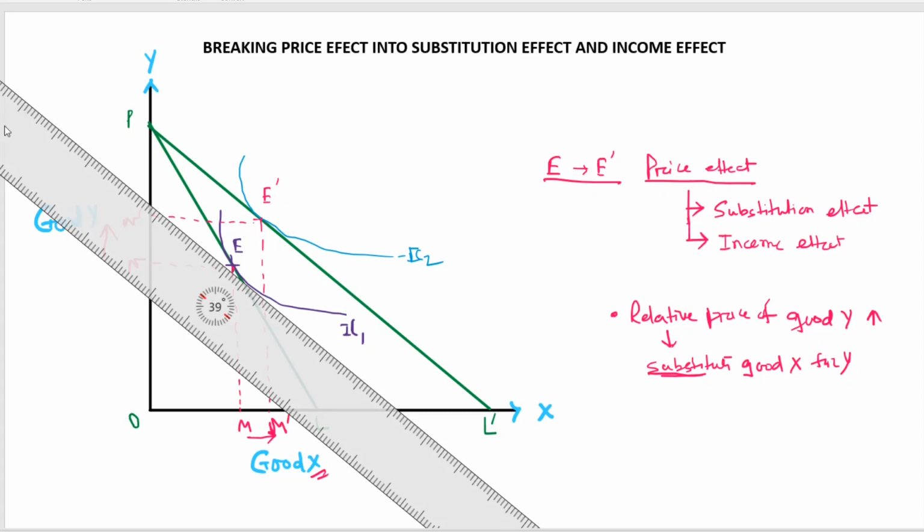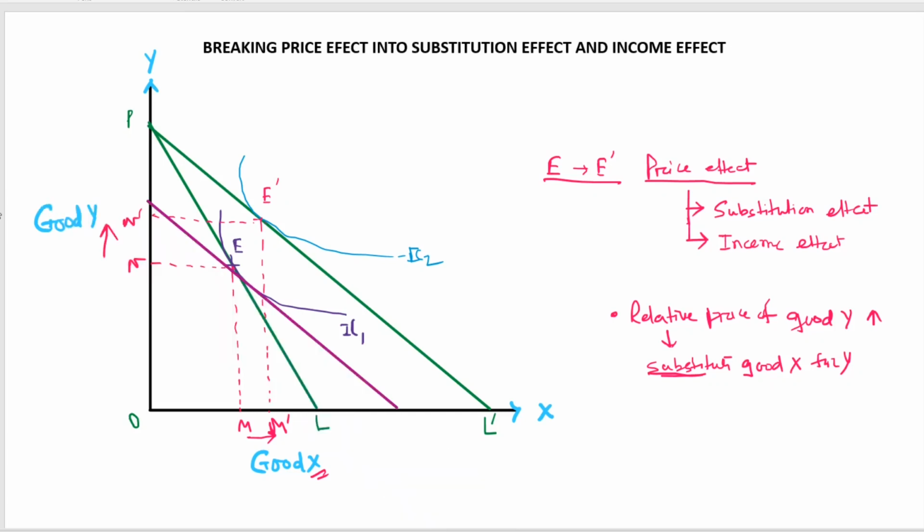So now let us draw that line. I'm running out of color actually, so let us draw with this pink. So you can see this is parallel to the budget line PL prime, and let us name it AB. This is a hypothetical budget line, so that the consumer remains at indifference curve 1, and we can see here the tangency.